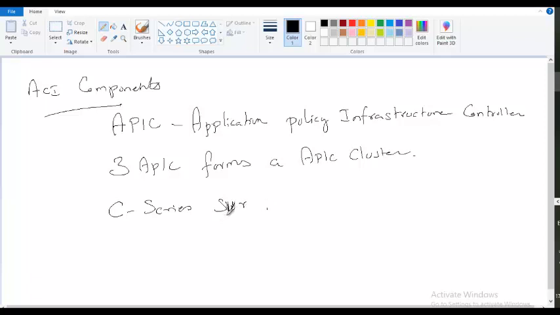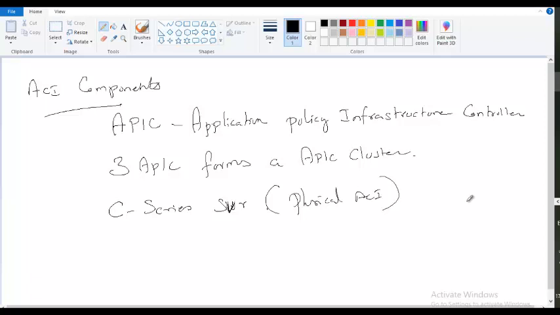It has got the ACI operating system. It's Cisco C series server with ACI operating system in it. That's how it is sold, physical ACI. As I said, we also have virtual ACI, virtual appliance.